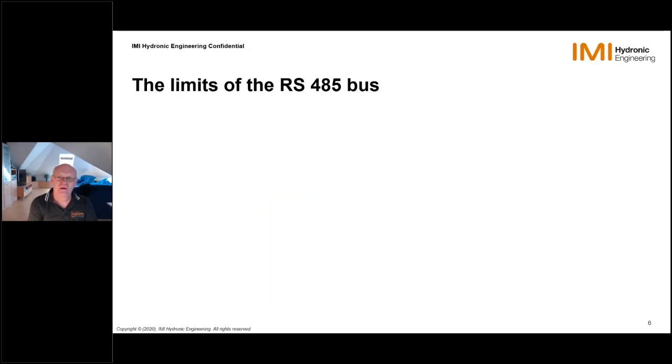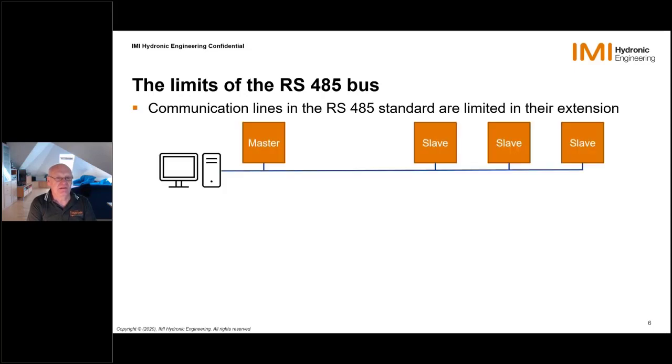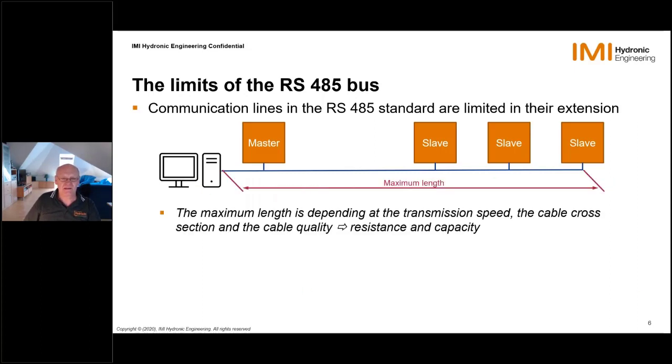But we also have to know where the limits of this bus are. The communication lines are limited in extension, and the maximum length depends on the transmission speed, the cable cross section, and of course the cable quality. That means the resistance and the capacity of these cables.